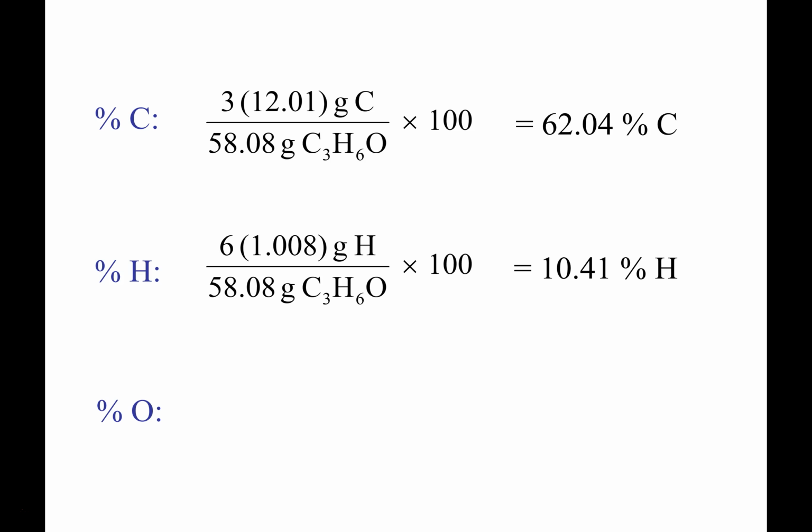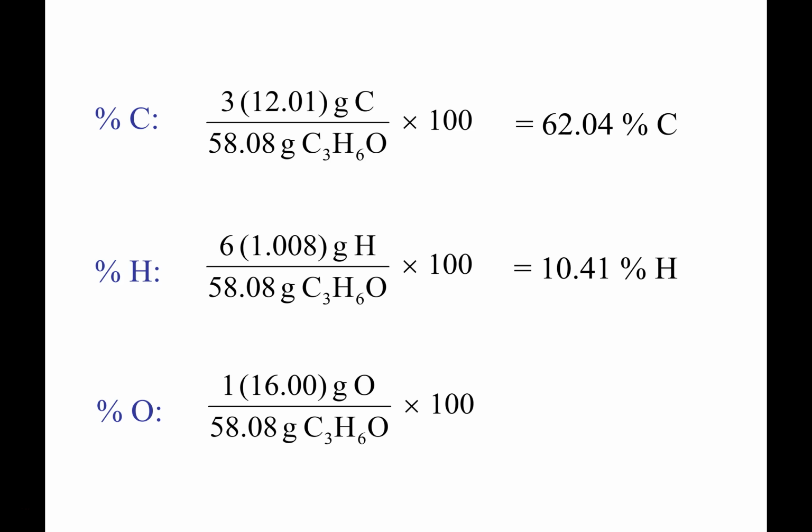Now, if you're like, well, I bet I could take 100 and from 100 subtract those 2 quantities to get the last percent, and you're right. But I would suggest you go ahead and just see through and apply in case you made a mistake. So for oxygen, it's 1 times 16.00 grams of oxygen divided by that same number in the denominator, 58.08 grams of C3H6O, to get it to parts per 100 times 100 or 100%.